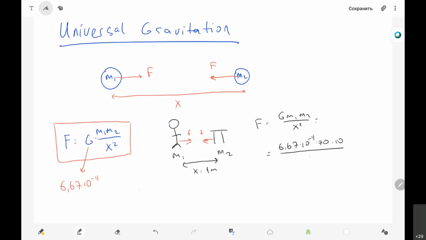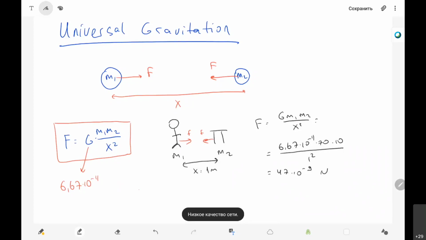Distance between us 1 meter, 1 squared. So let's calculate this one. 6.67 times 7, basically 47, roughly 47, times 10 to the power of minus 9 Newton.